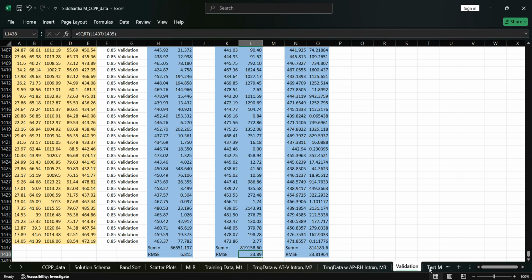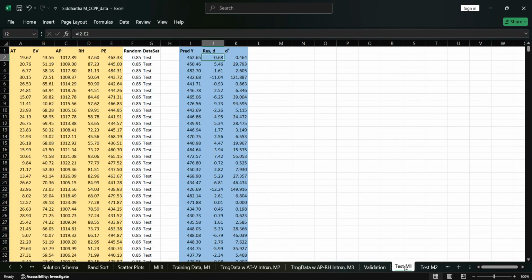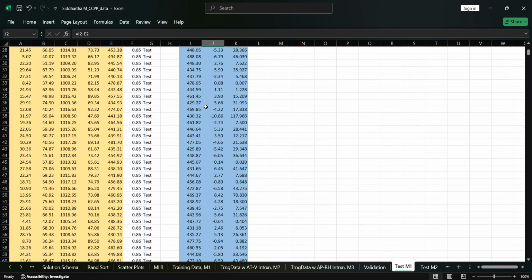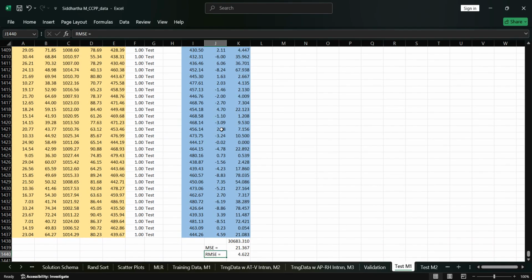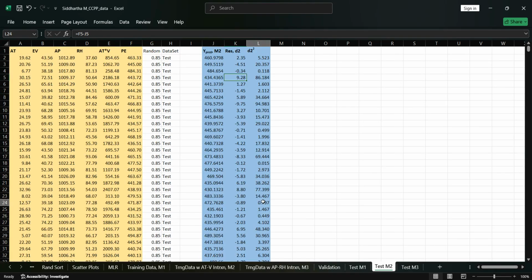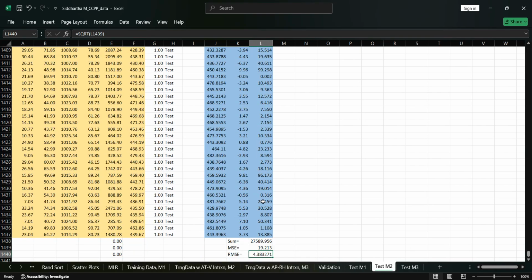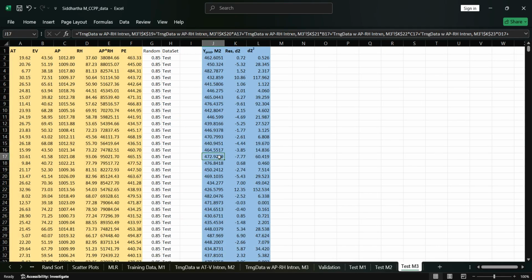But when we move into the testing phase, where I've tested this data set, I see that the RMSE is 4.6 for model 1, 4.3 for model 2, and 4.6 for model 3.